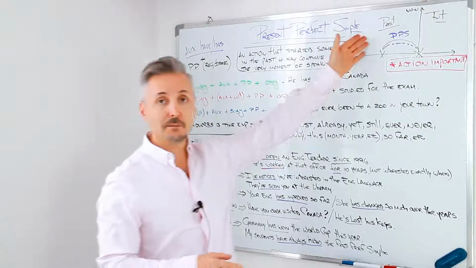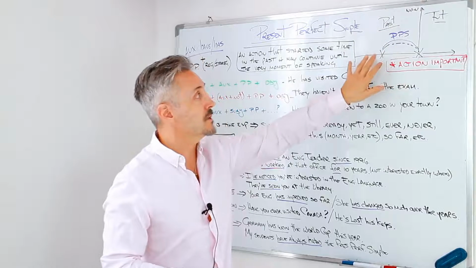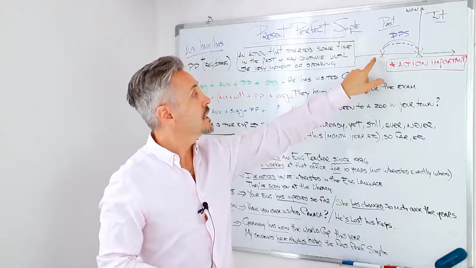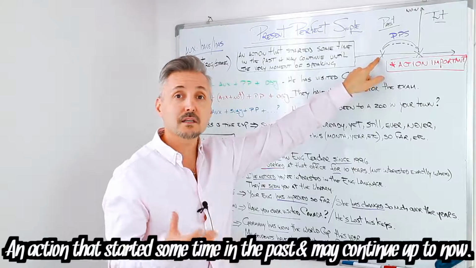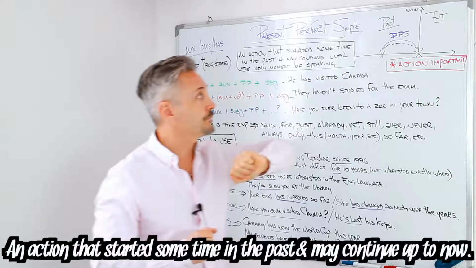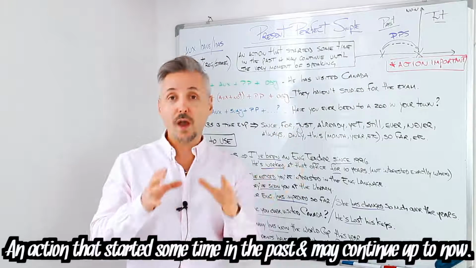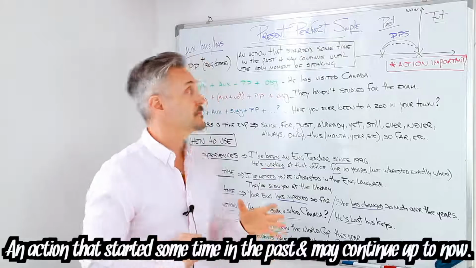So I drew a timeline just to show you graphically how we use the present perfect simple. An action that started sometime in the past, it is not important when, and it continues up to now. So the when is not important. The action, however, it is.